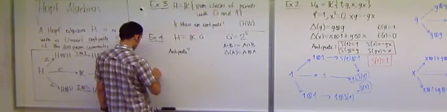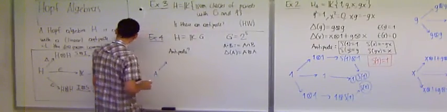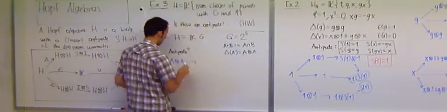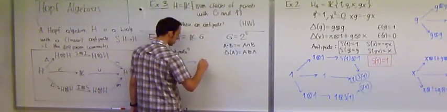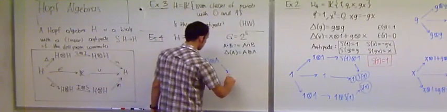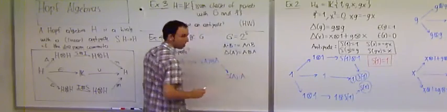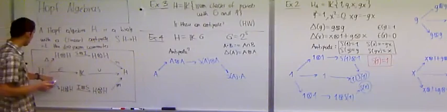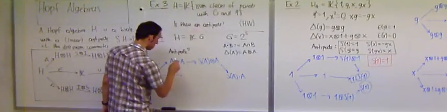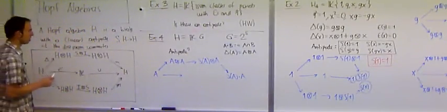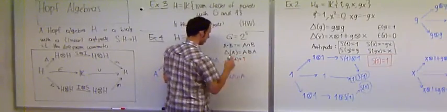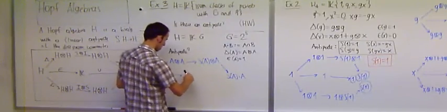Let's start with a basis element A. Apply the coproduct, and we get A tensor A. Then we apply the antipode on the left, and we get S of A times A. But if we go this way, this is equal to 1, and so here we get the number 1.